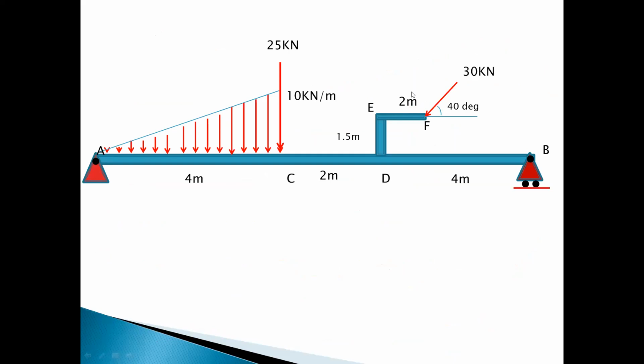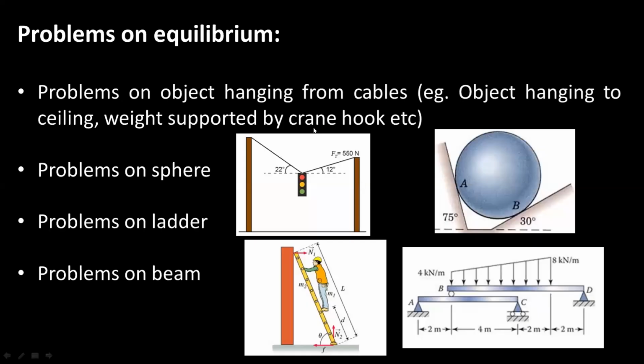Okay, so just wait. In the second module, which is equilibrium, you will have these types of problems. First is problems on objects hanging from cables, where an object is hanging with the help of a cable. In the first image, an object hangs from the ceiling, then a weight is supported by a crane hook.